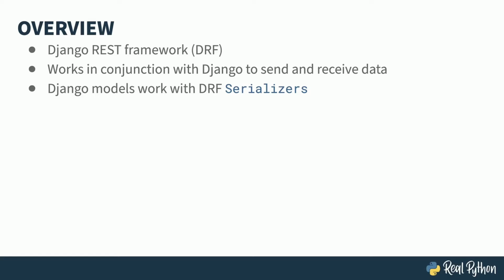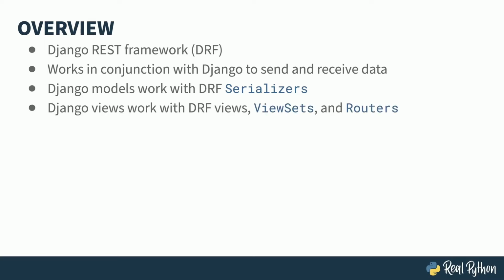The serializers specify how to turn the content of a Django model into JSON or XML to be sent to a client. DRF views and view sets are specialized Django views used to control what REST protocol mechanisms are exposed through your API. Like Django URLs, DRF routers map the views to the actual URLs exposed.